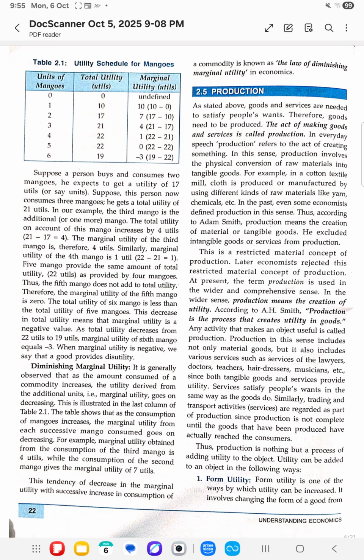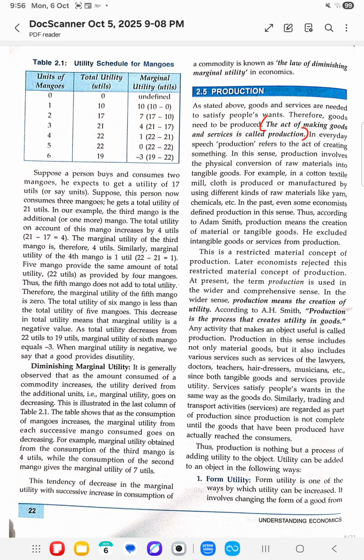So the very first thing that comes up is the definition of production, which is the act of making goods and services is called production. Okay. In day to day life as well, we use the word production and we mean the act of creating something.